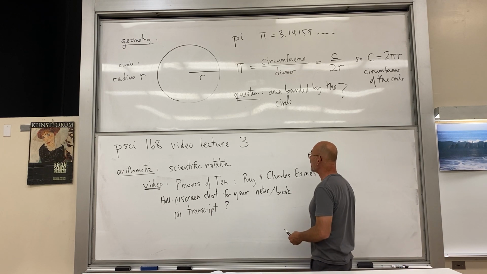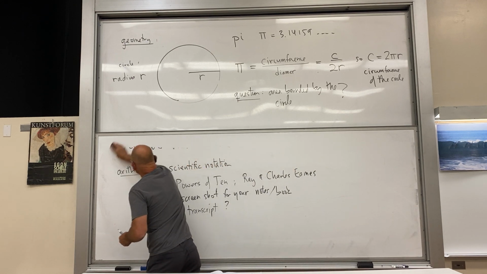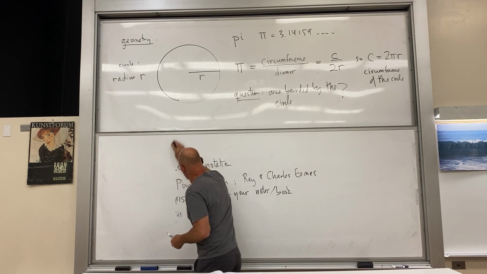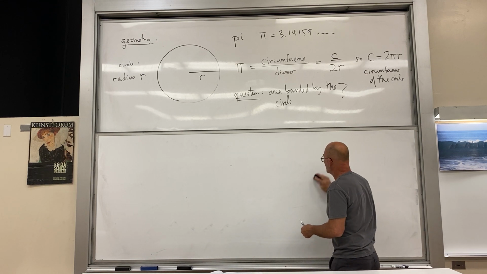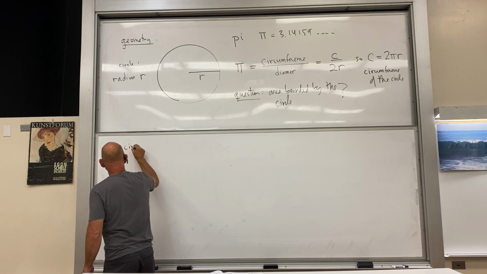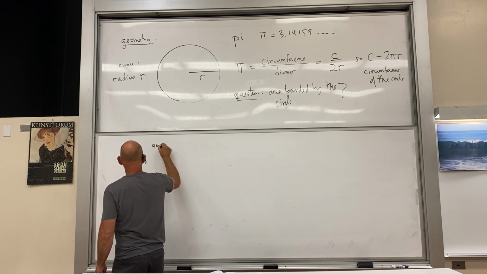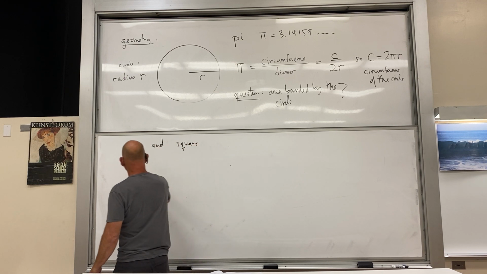Let's go ahead and draw that. So we have circle and square.